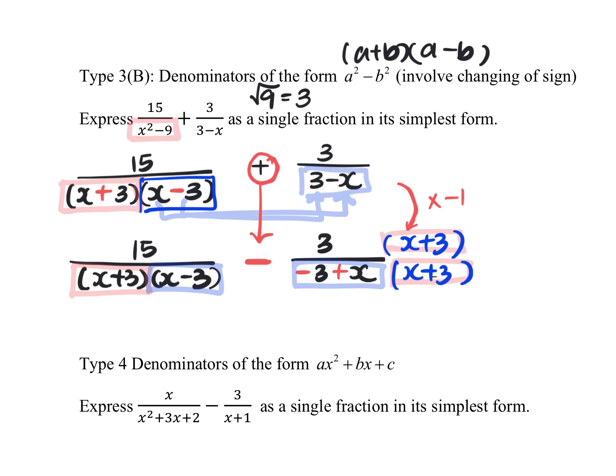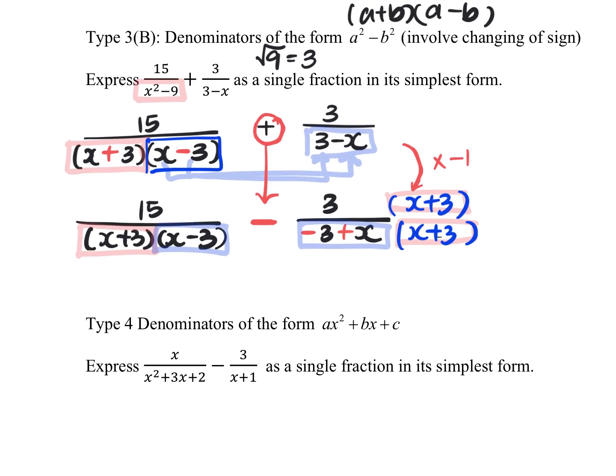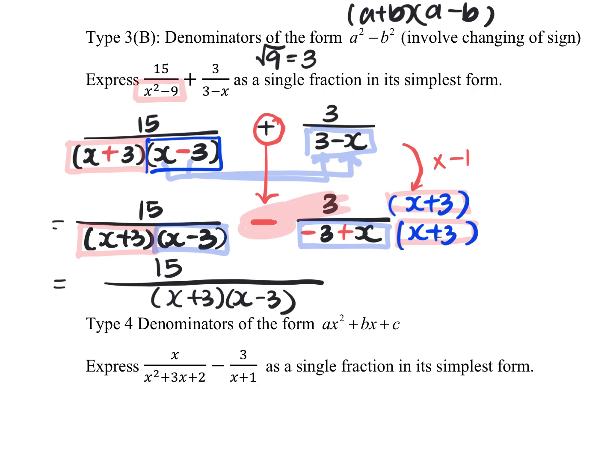Okay. Now observe and make sure, take note, this is a subtraction. So there will be a change in the sign. Right, I'll write down my numerator 15. But this one over here, this is negative 3 with the negative sign.